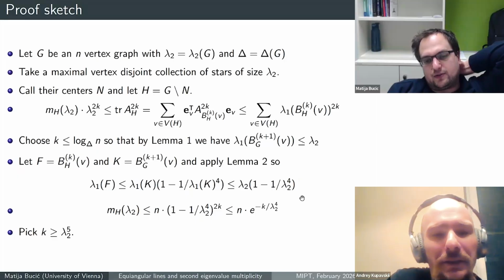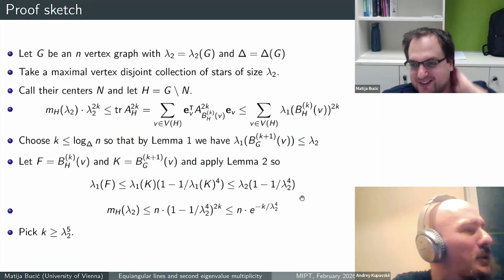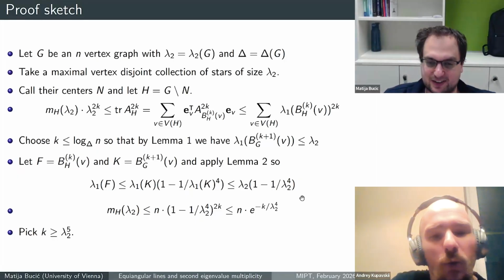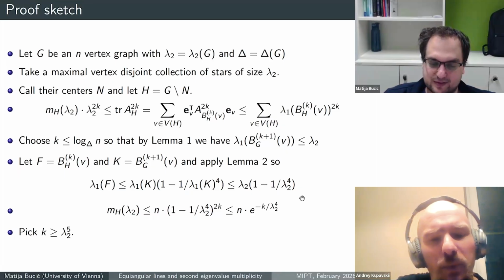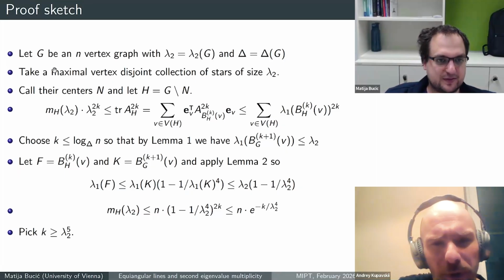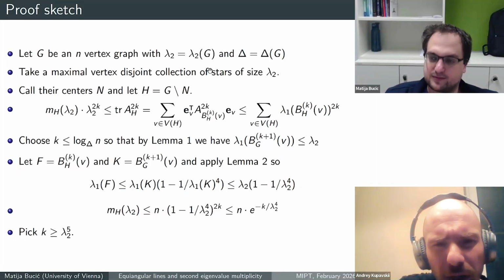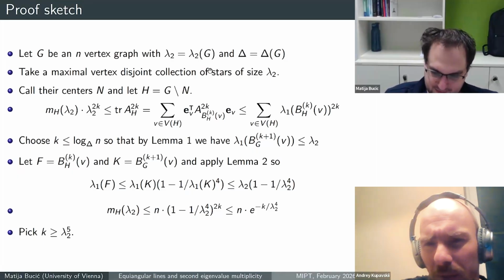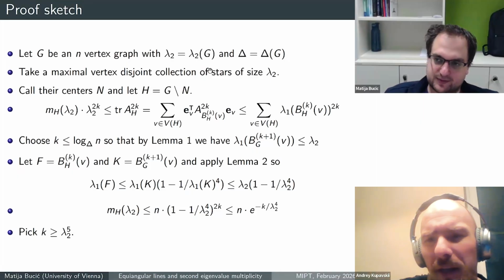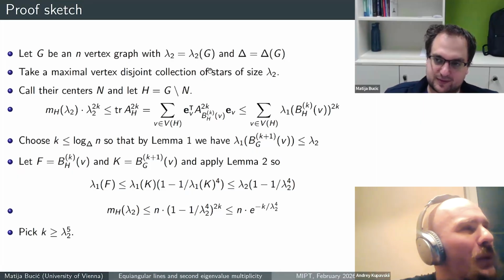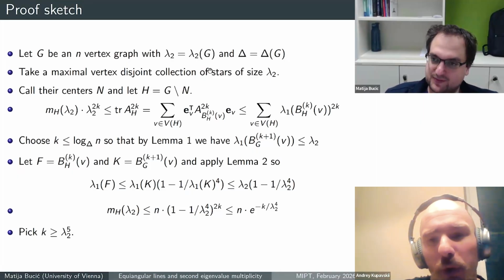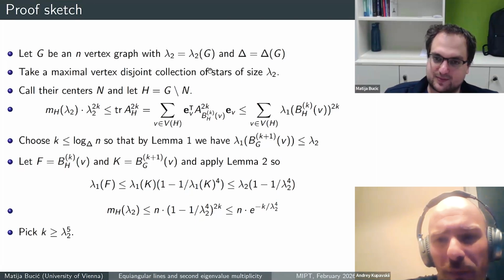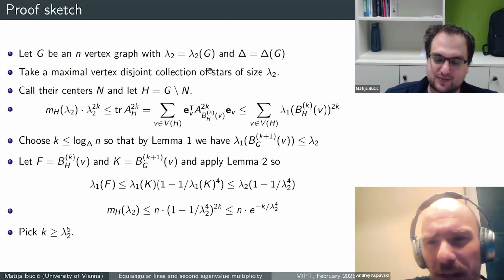Can I ask another, a bit speculative question? Sure, of course. If in this second bullet, instead of taking a maximal vertex disjoint collection of stars, which you say is the reason for this n over lambda 2 plus 1, what if we're aiming to use this more general version of your lemma with the second neighborhood or third neighborhood?